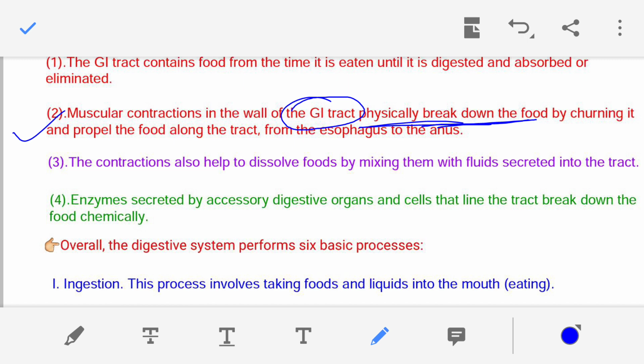For example, in the stomach, I have already explained how the churning is performed and how the food is propelled, the swallowing and peristalsis. Due to the peristalsis, food passes from esophagus towards the anus.